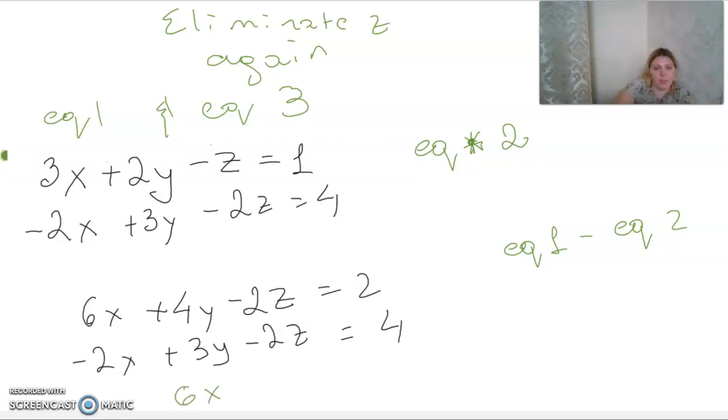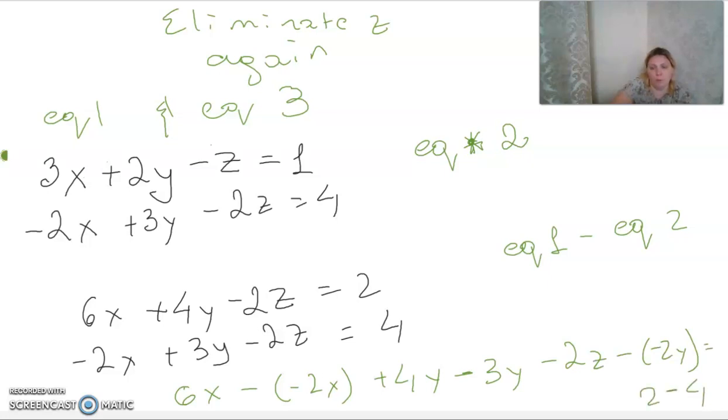So I'm going to have 6x minus 2x, plus 4y minus 3y, minus 2z minus 2z, 2 minus 4.